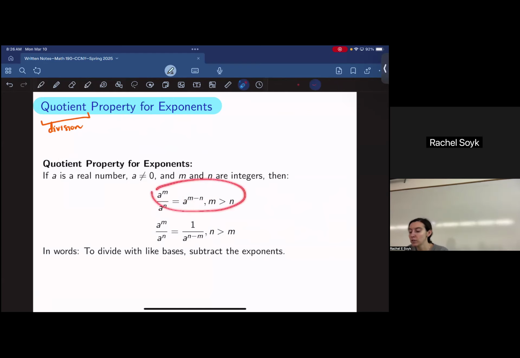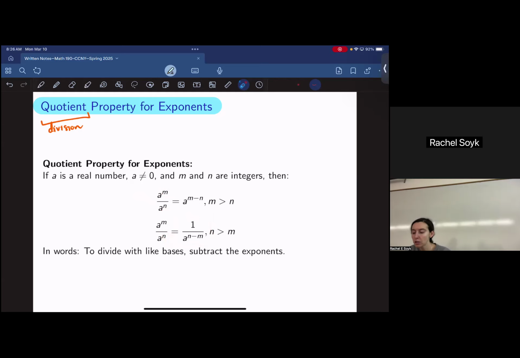Notice how we have two different examples here. I don't want you guys to get confused. This first one is just saying if m was greater than n. And the second one is saying if n was greater. If n was greater, then you're going to end up with a fractional result.